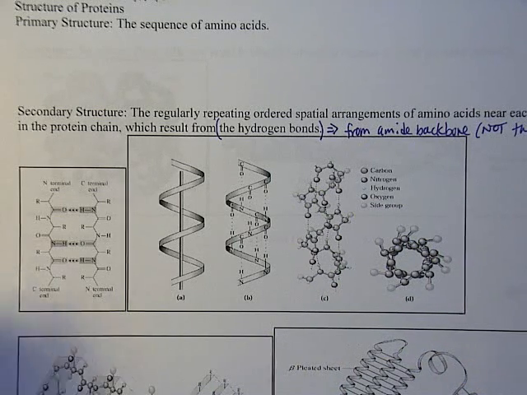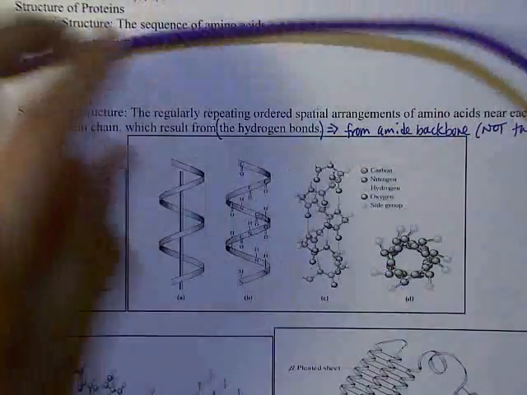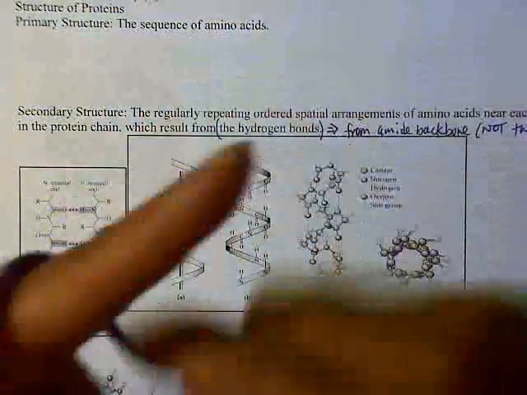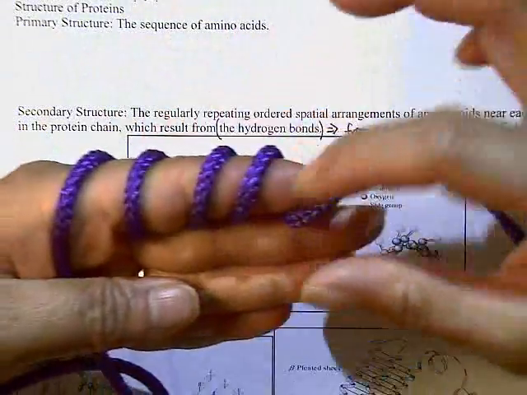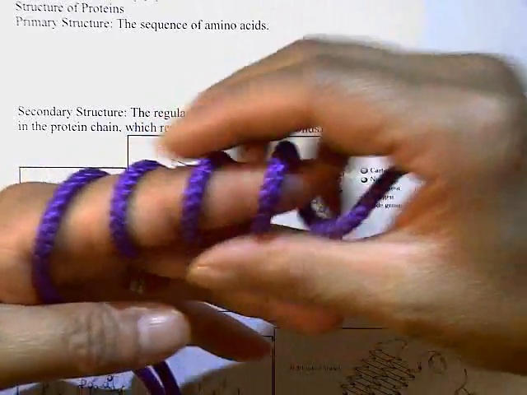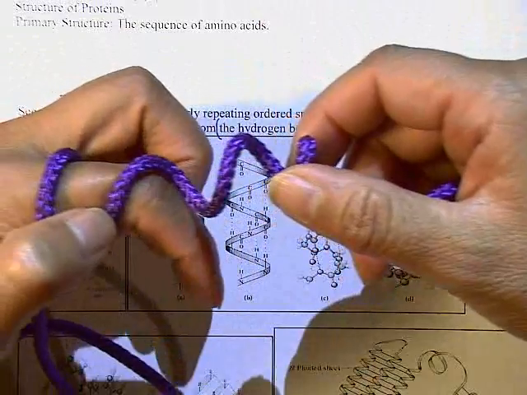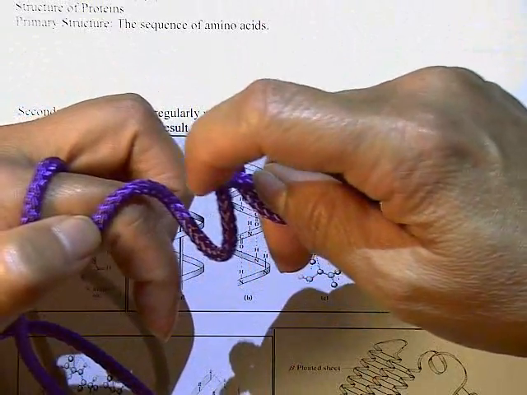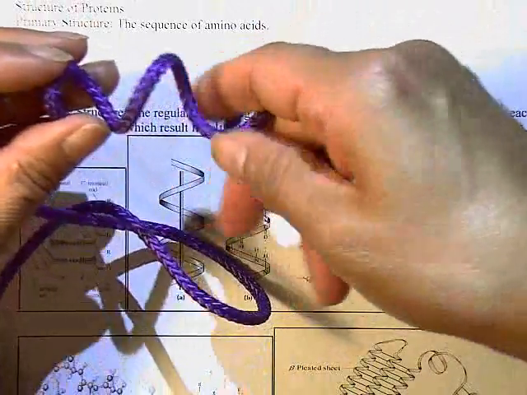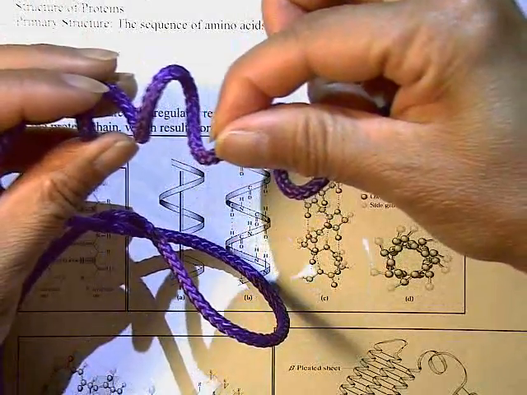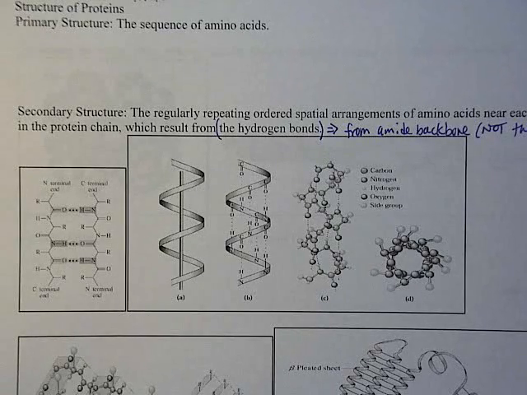So if I have a long chain like this, and I spiral it like this around my finger, that's the form that it exists in, in space. Without my finger, it exists like that, and the reason is that there's hydrogen bonding in between to hold them together in that spiral shape.